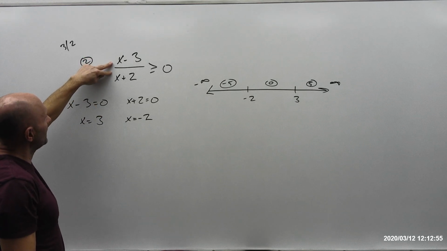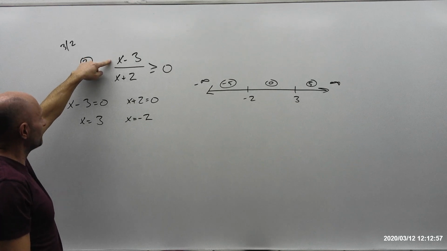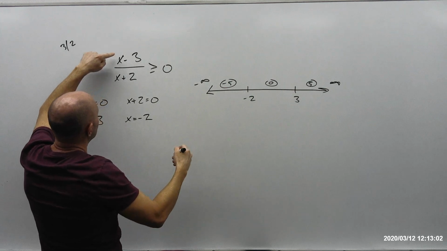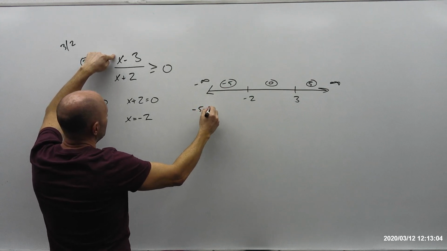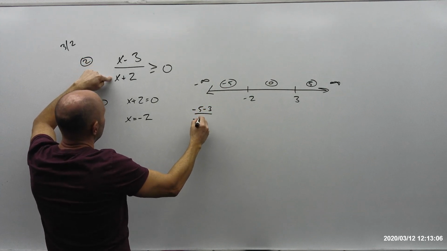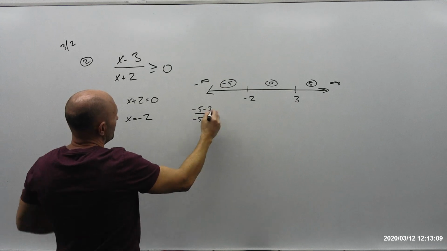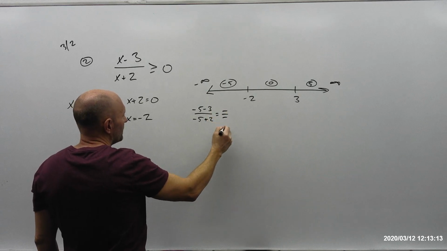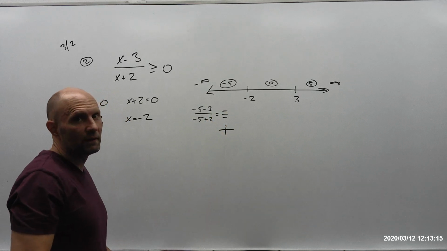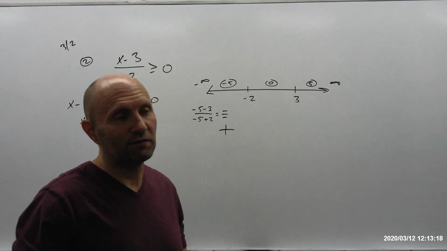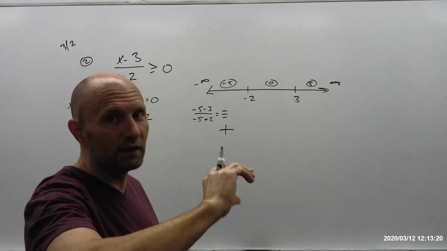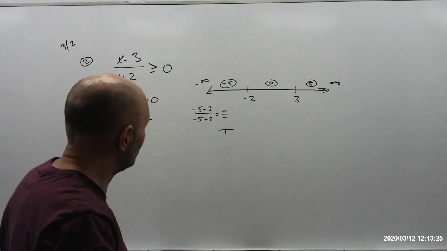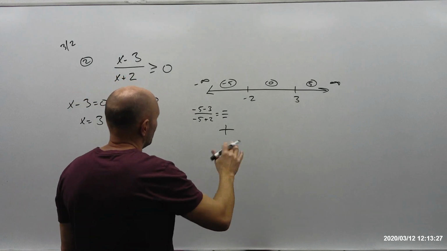Now I'm using this expression here, (x minus 3) over (x plus 2). If I plug in -5, I get (-5 minus 3) over (-5 plus 2). That's a negative number over a negative number, and negative divided by negative is positive. If I've set up the table correctly, these intervals should alternate, positive, negative, or it could start with negative and go to positive, but it's going to alternate.